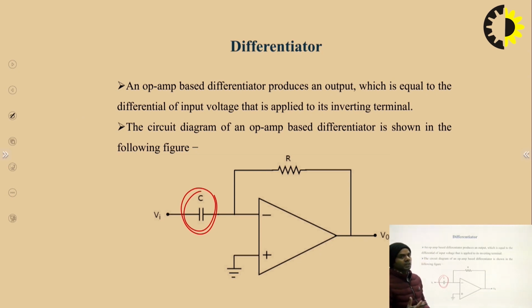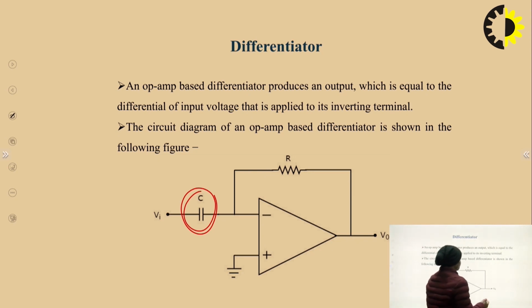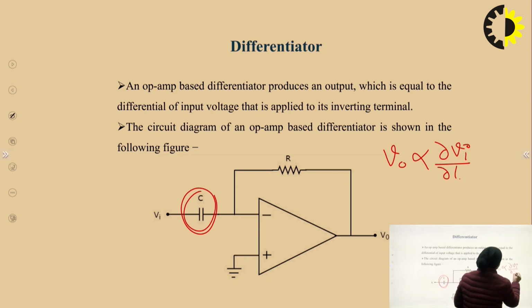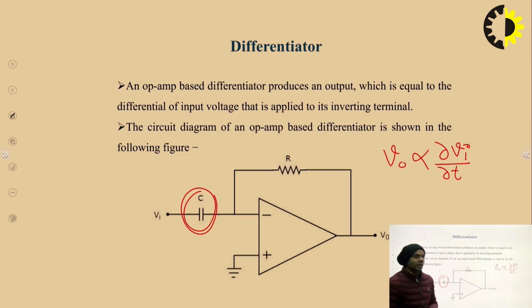So differentiator and integrator circuits will consider a capacitor. And this circuit has the capability that V0 will be proportional to the differentiation of the input. Let us see how this circuit provides the differentiation of input.